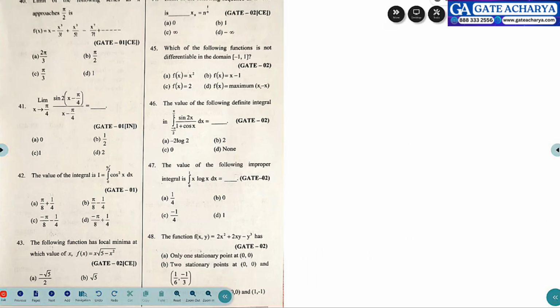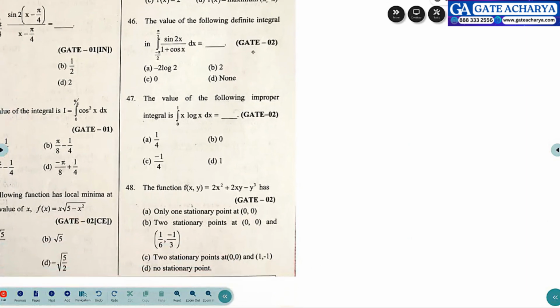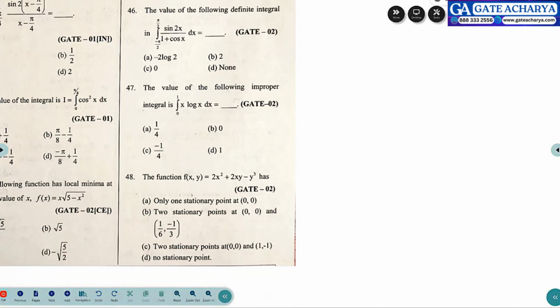Yeah, this is question 48. Find P, find Q. Please find that. Let me do it.